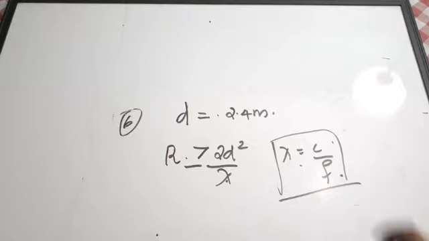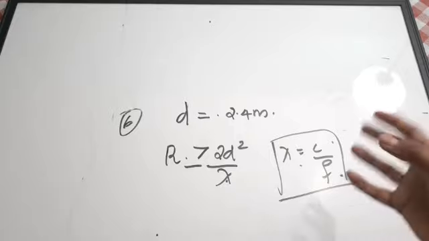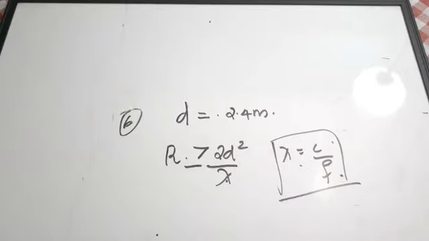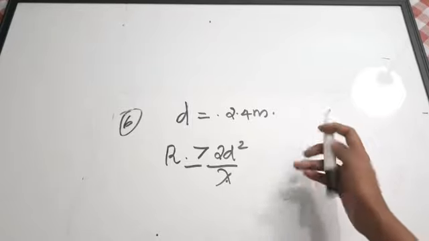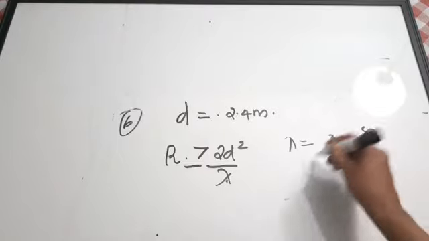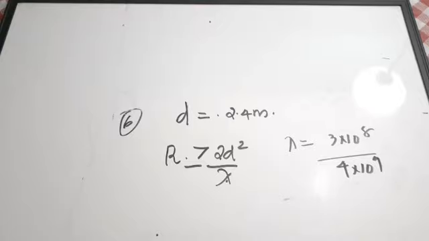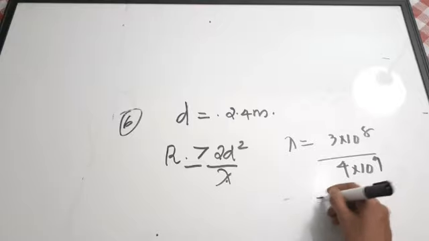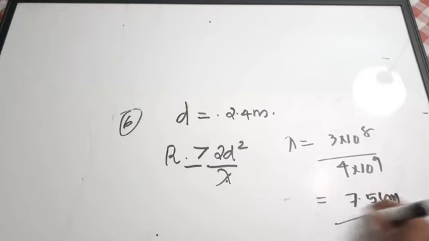Just substitute these values and find the minimum distance required. First we'll find lambda. C is 3 into 10 raised to 8 by f, which is 4 into 10 raised to 9, since it is 4 gigahertz. The value we get is lambda equal to 7.5 centimeters.